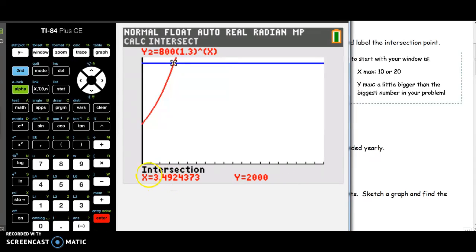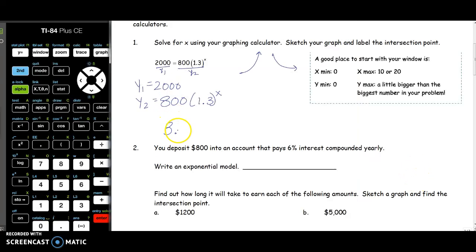So whatever this is, we're going to round to the nearest hundredth, so it's 3.49. So our answer would be 3.49 units. Okay? And it also says to sketch your graph, so it looked something like that, and put a little dot on your intersection point. So that's what we're going to be doing today.